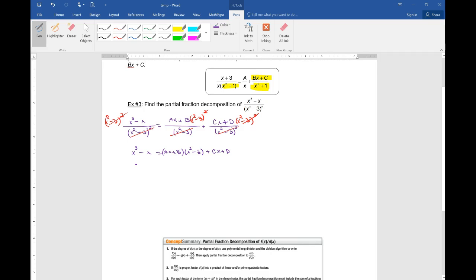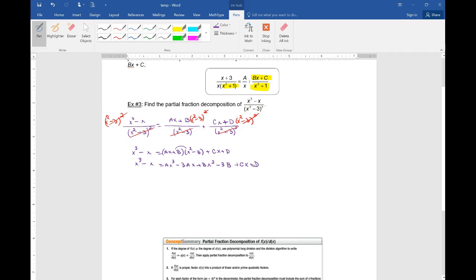So here I have x cubed minus x is equal to, all right, we're going to FOIL this, right? So we're going to get ax cubed minus 3ax plus bx squared minus 3b plus cx plus d.